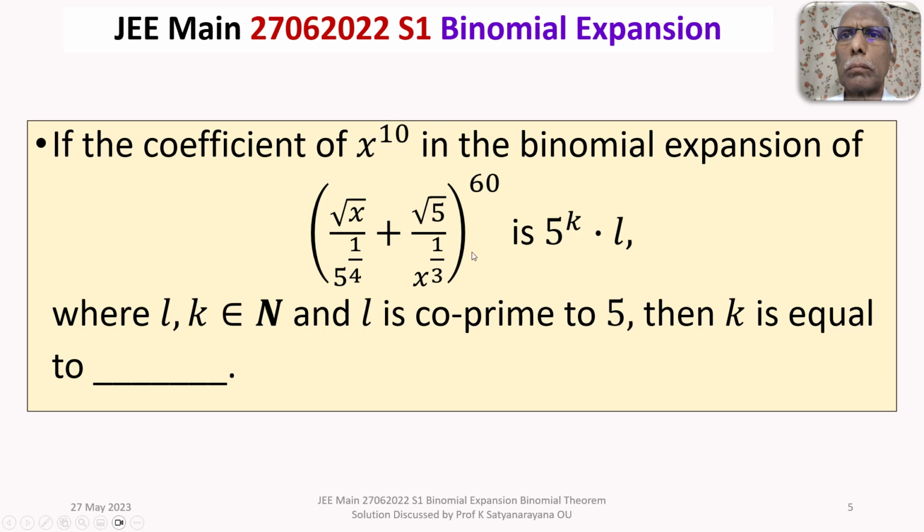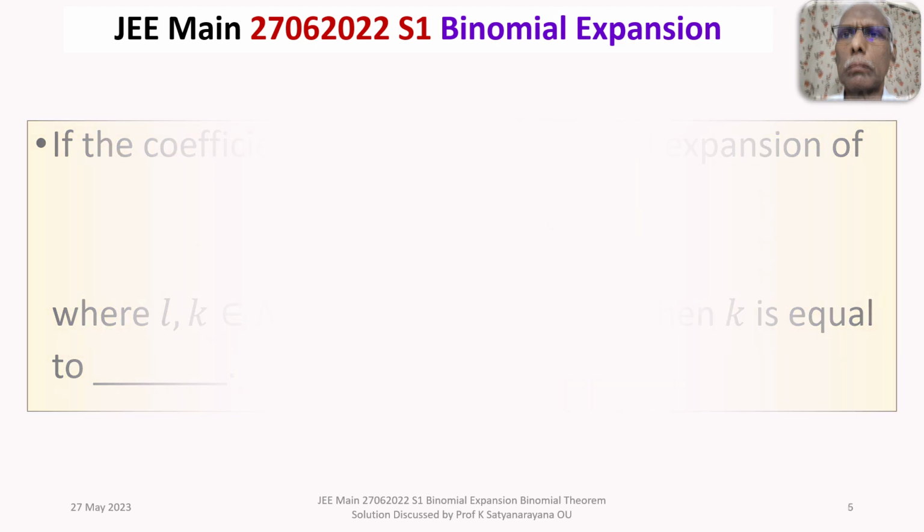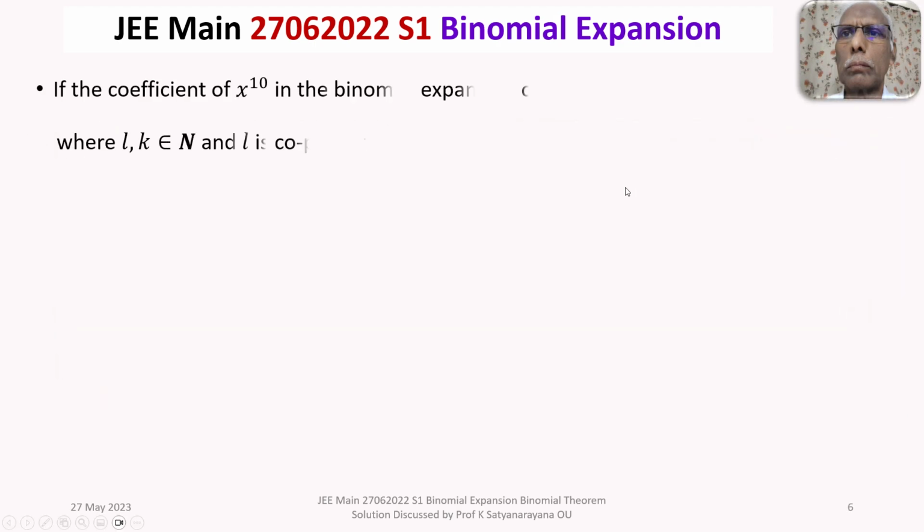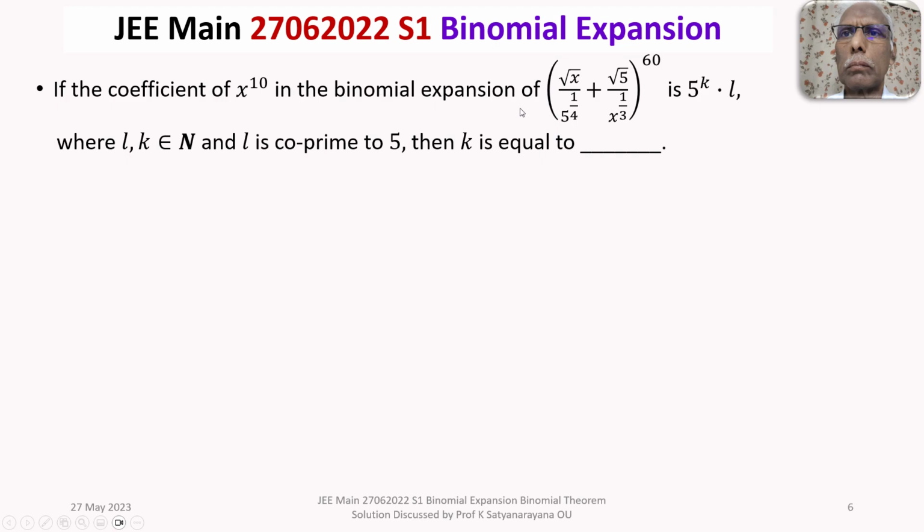It is given that this coefficient is 5 to the power of k multiplied by L, where L and k are natural numbers and L is co-prime to 5, and we are required to find the value of k. So that is our given question.